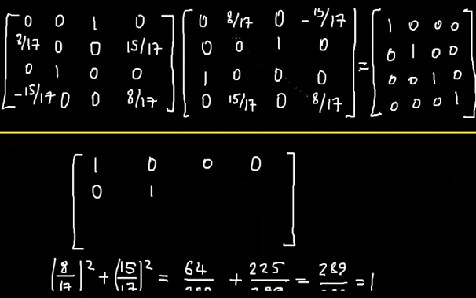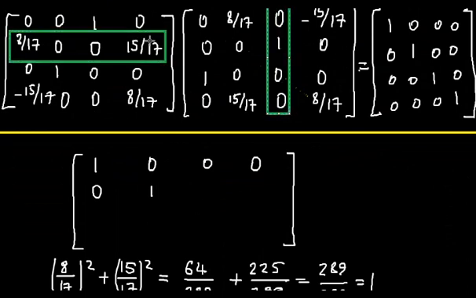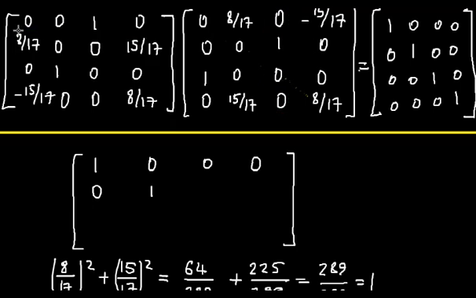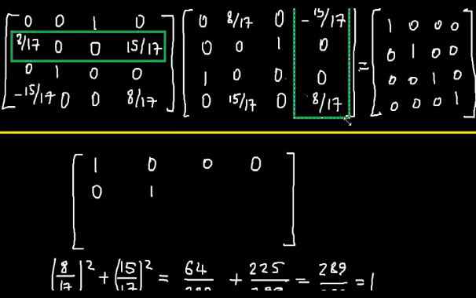For the next entry, we need to multiply this row vector with that column vector, and we can see that that thing is going to be 0. And the same for the last one, right? This is that times that one.